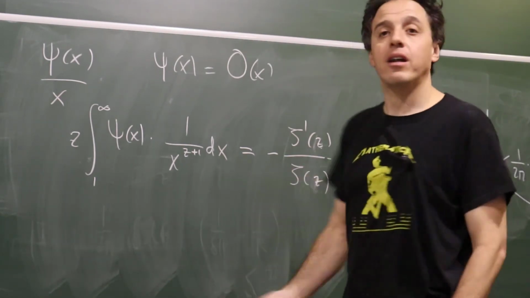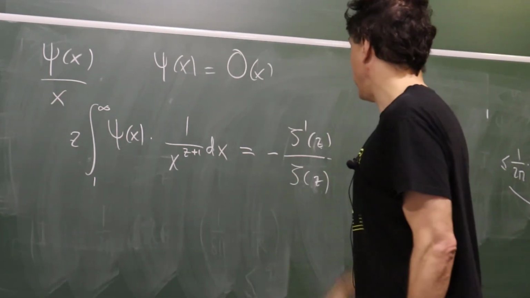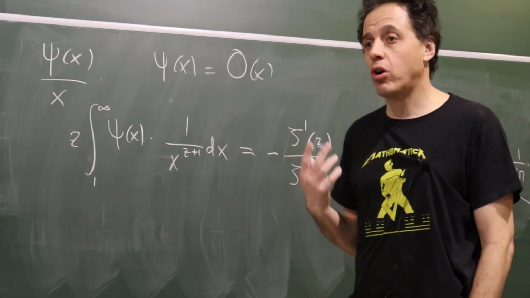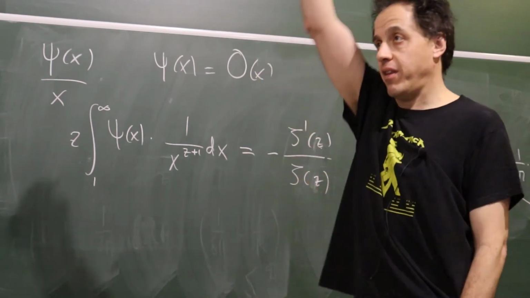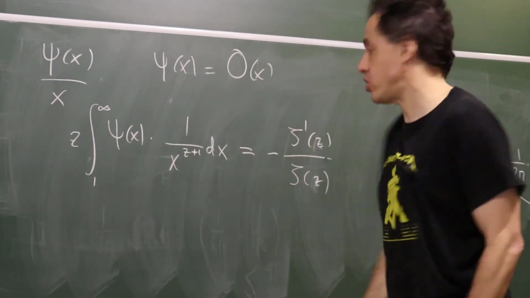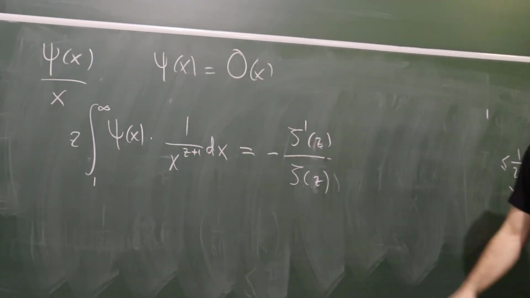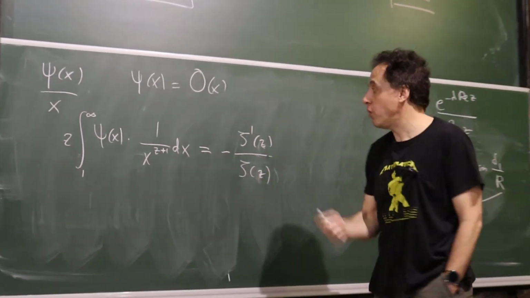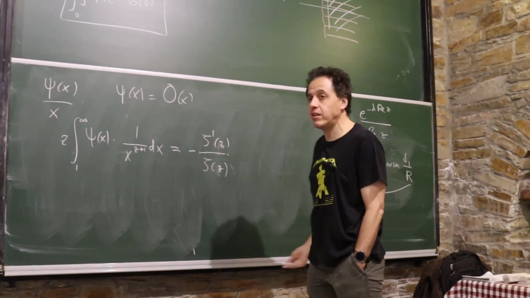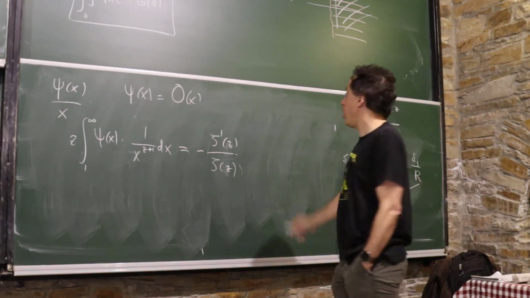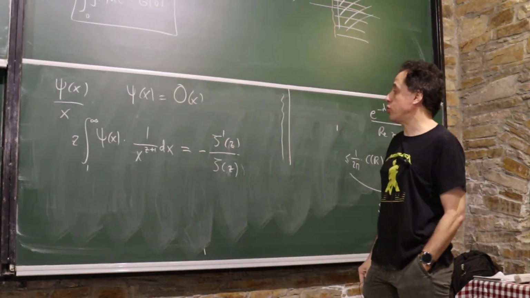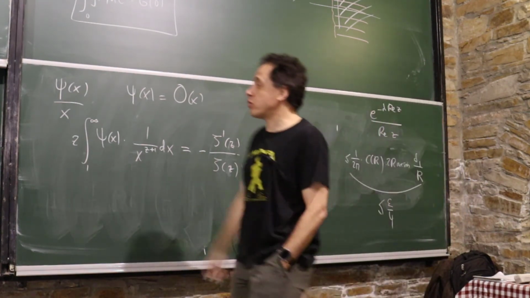And we know that zeta of z has no zeros on this line, so this denominator is different from 0 and 1 over zeta of z is well defined. So this function here can be extended to some neighborhood of the line real part of z equal to 1. So we are in those conditions.